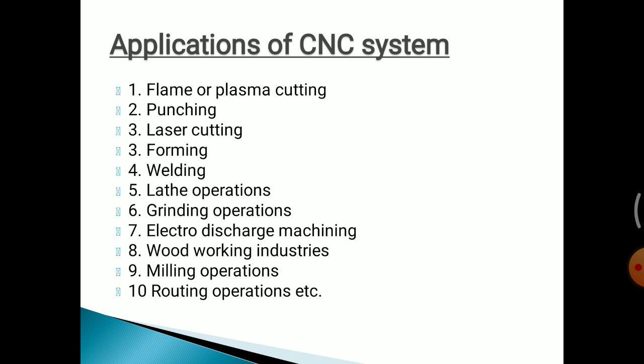The first one is plasma cutting, number 2 punching operation, number 3 laser cutting operation, number 4 forming, number 5 welding, number 6 lathe operations, number 7 grinding operations, number 8 electro discharge machining, number 9 woodworking industries, number 10 milling operations, routing operations, etc. So these are the applications of CNC systems. There is a difference between NC machines and CNC machines that we already discussed.